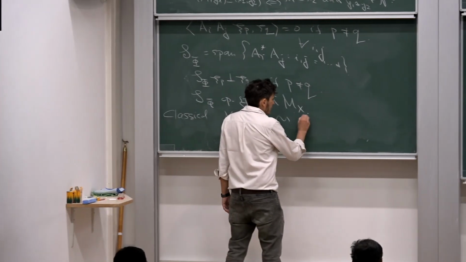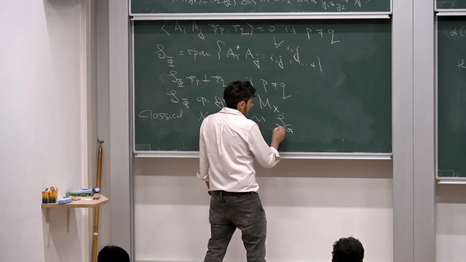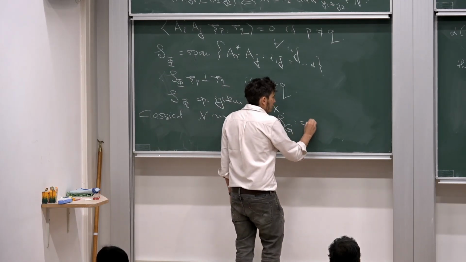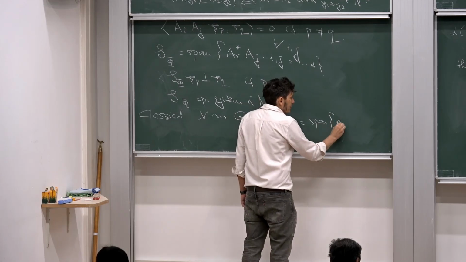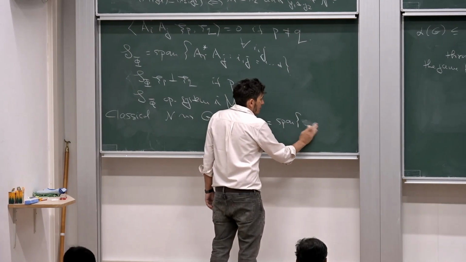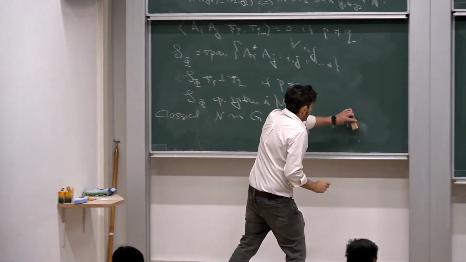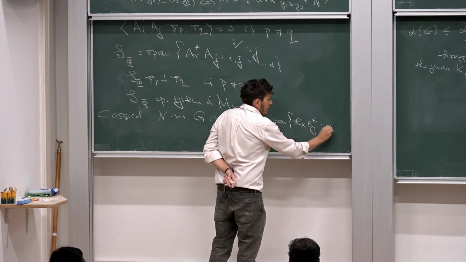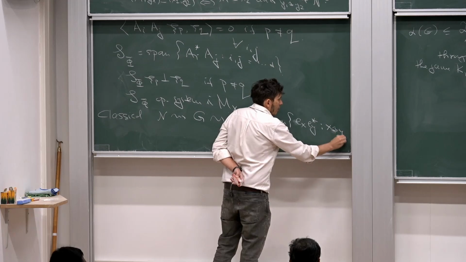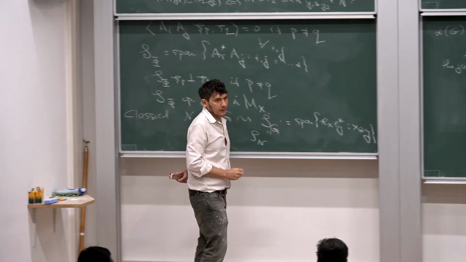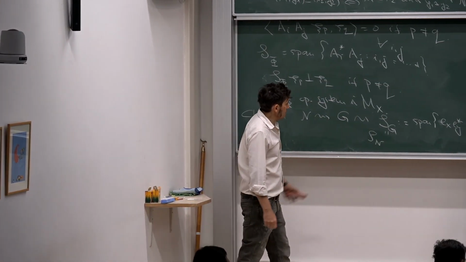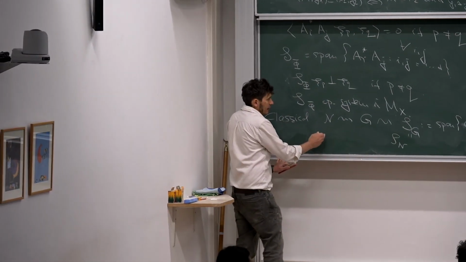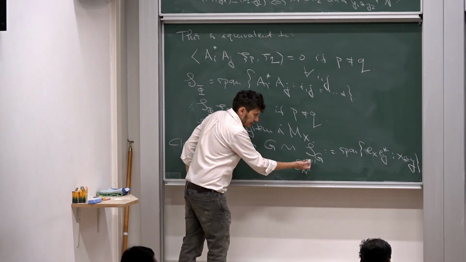And this operator system is exactly S_G, which is by definition equal to the span of those matrix units E_x E_y^* which are adjacent or equal in the graph G. So it's a graph operator system, let's call it. So it's associated with the graph. And if you have a classical channel, you arrive at an operator system that arises from a classical graph.